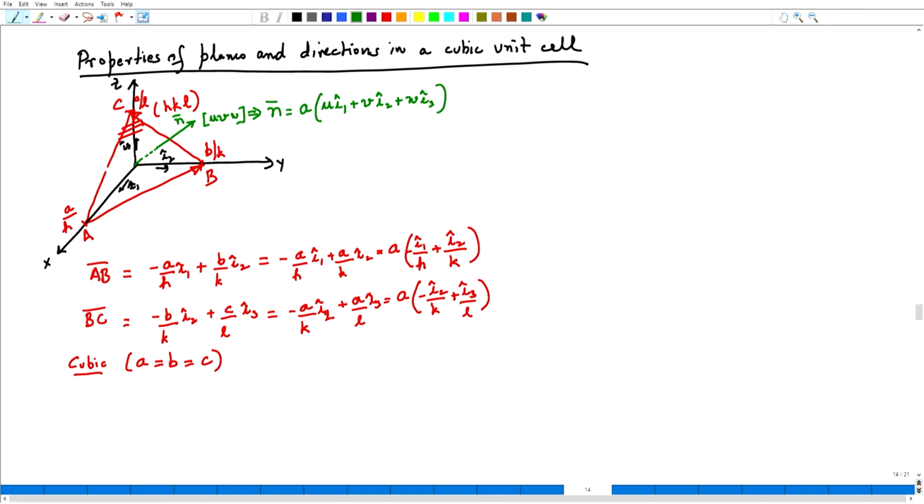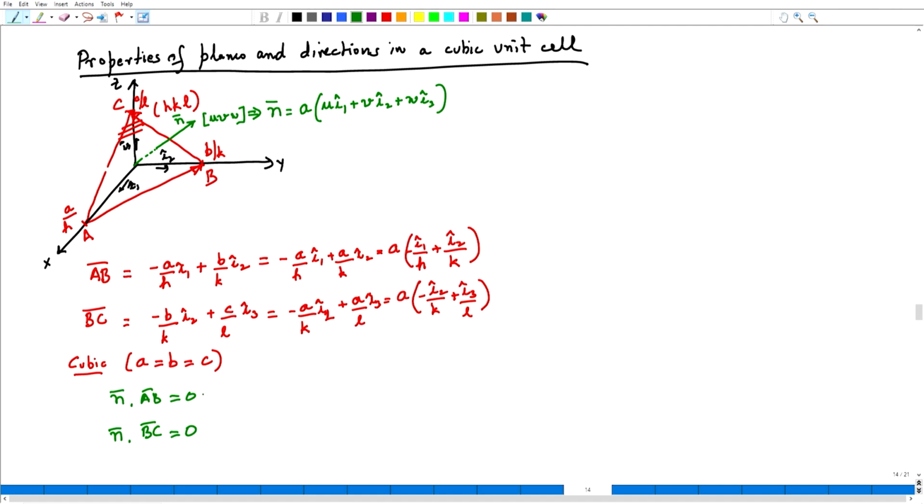Since this vector is going to be perpendicular to AB and BC, the dot product between n and AB has to be 0. Similarly, the dot product between n and BC would also be 0.